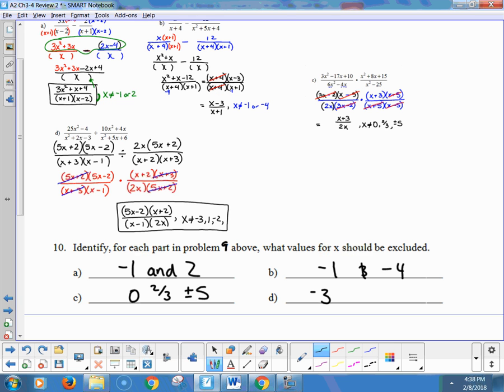I forgot my other excluded value. Bad, Signorati. My other excluded value would be negative 5 halves in here. And I got that excluded value when I took the reciprocal of the fraction. Don't know what I was thinking. 1, negative 2, and negative 5 halves. Okie doke. Moving on to number 11.